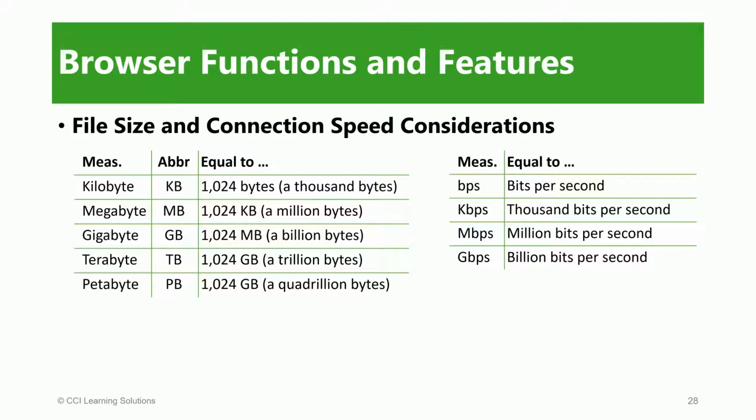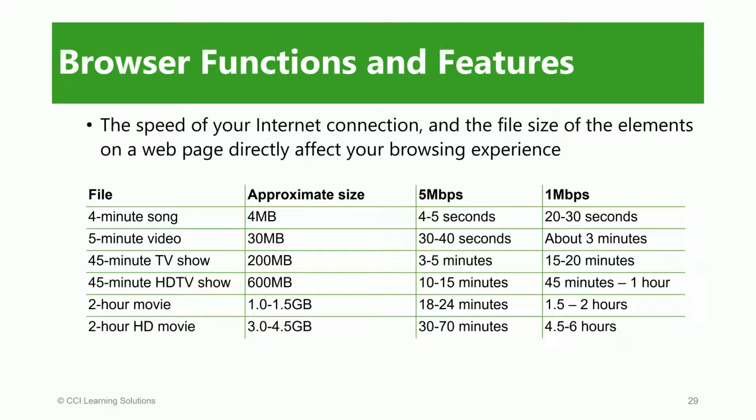Definitely do keep these things in mind as we go along. The speed of your internet connection and the file size of the elements on a web page directly affect your browsing experience. A 4-minute song, maybe about 4 megs, at 5 megabits per second will take about 4 to 5 seconds. 1 megabit might take 20 to 30 seconds.